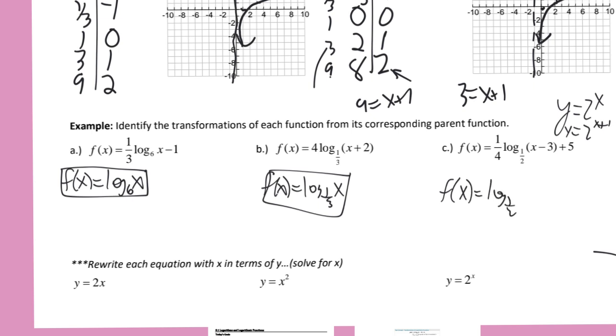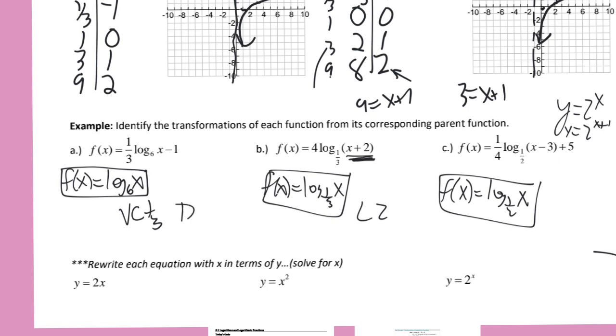Okay, so I think the question is, what happened to this? Because it's in front of it, it'd be vertical compression by 1/3. And now the common ditch to fall in is like, oh, it must be right 1. Well, no. The truth is, it's not in parentheses. See on number 2, this would be left 2. But this right here is outside the parentheses, so it really is down 1.